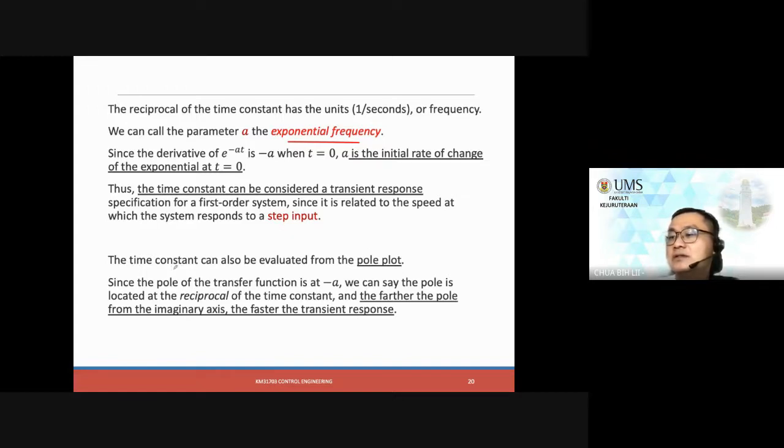So the time constant can also be evaluated from the pole plot. Since the pole of the transfer function is at minus a, we can say that the pole is located at the reciprocal, meaning 1 over the time constant.